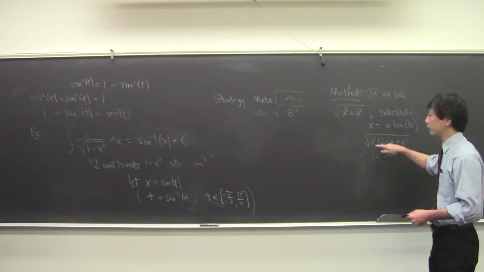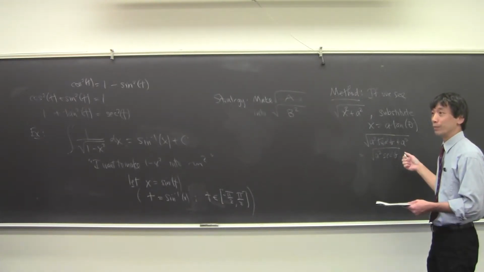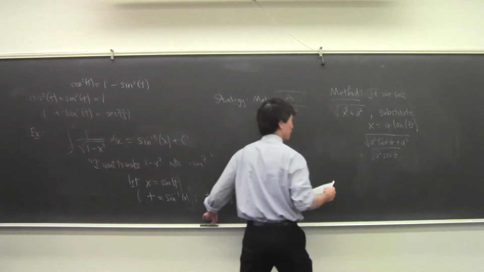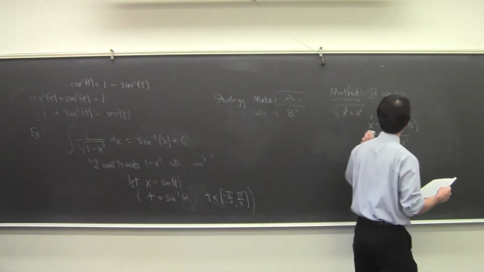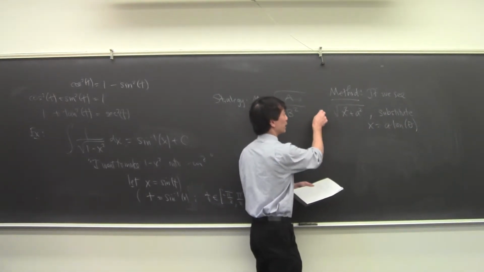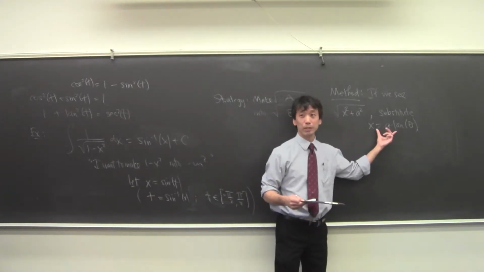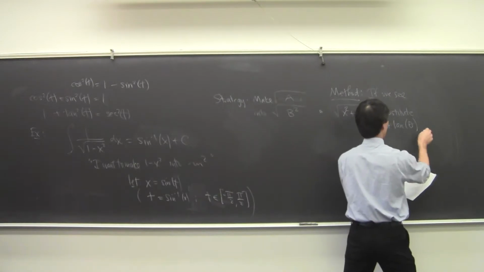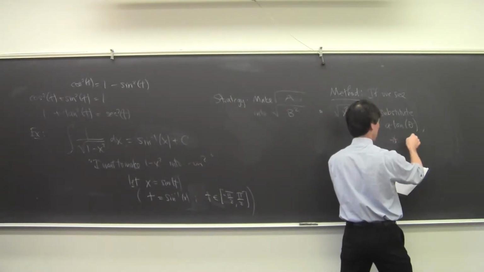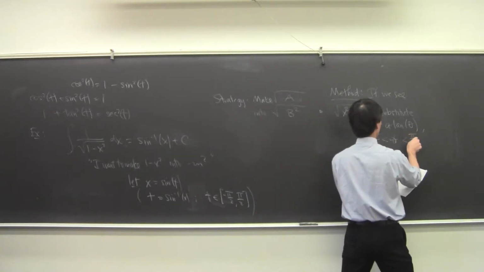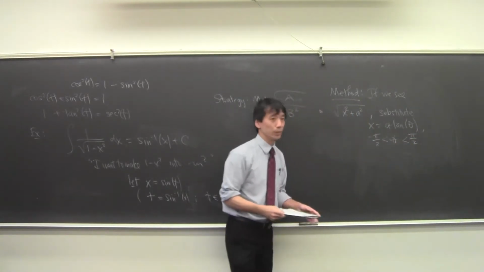So then we get the square root of a square, which is what we're hoping for. Okay. So if you see something like this, you take this substitution where theta lies between negative pi over 2 and pi over 2, because we're using the arctan.